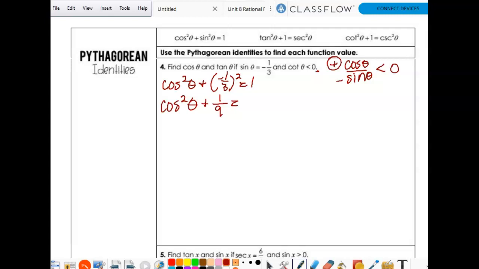Now, I need my 1 to be a common denominator. So what's the denominator here? So I want this to be 9 also. So what goes on top? 9, right? Because 9 divided by 9 is 1. So how do I get the cosine squared by itself?